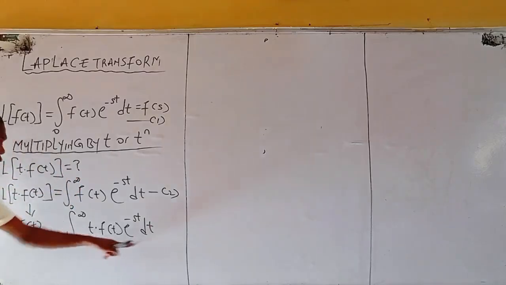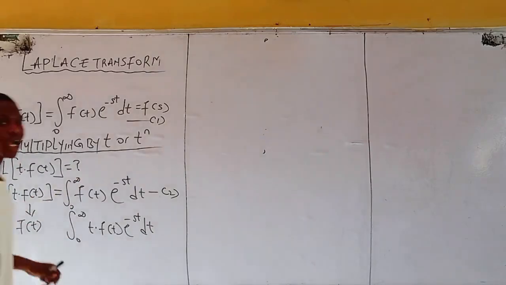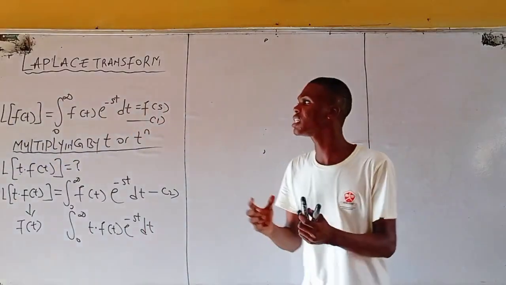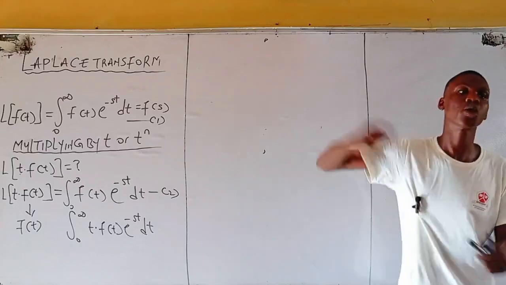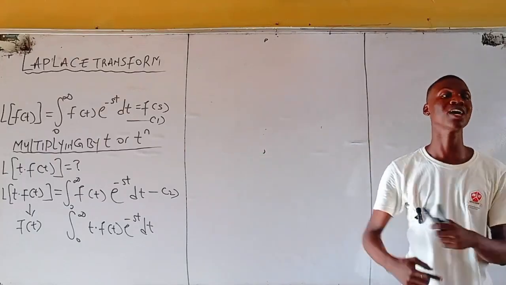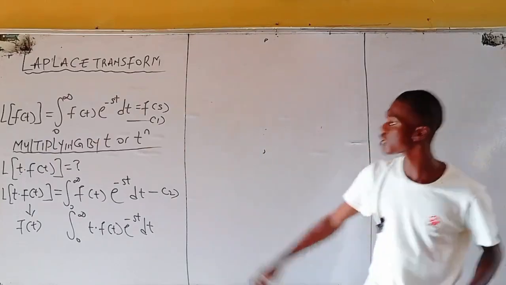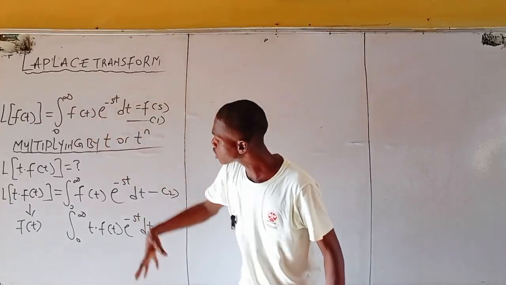This is what I must have if this is what I'm looking for in the Laplace transform. So we are going to find a possible way to manipulate what we have, or you could say we want to squeeze it, so that we can get this.